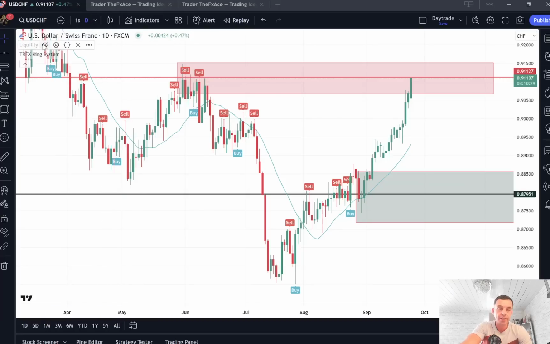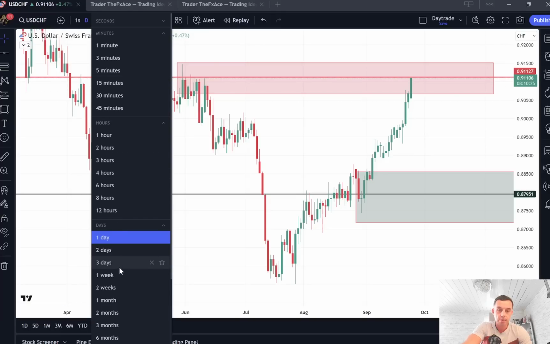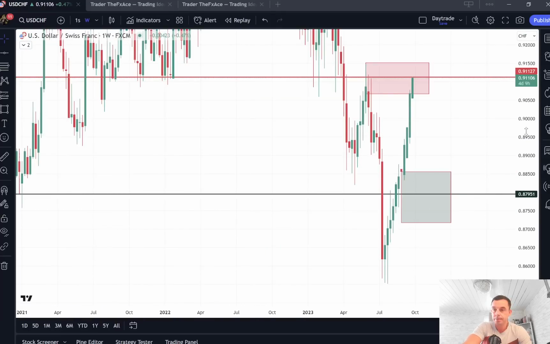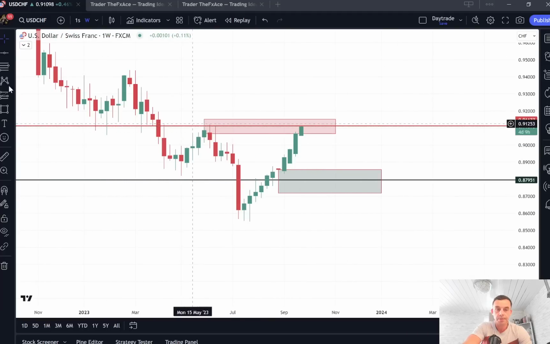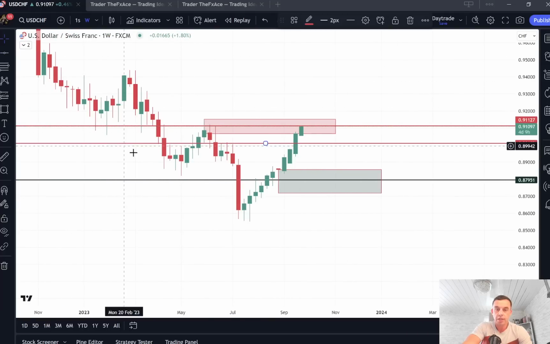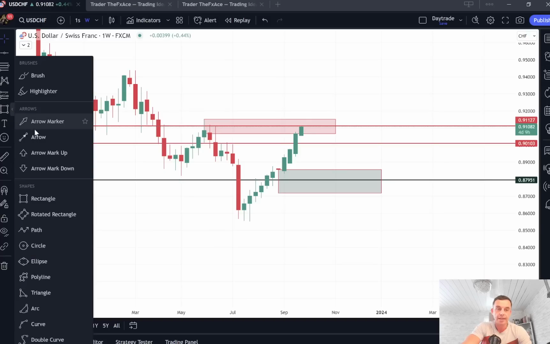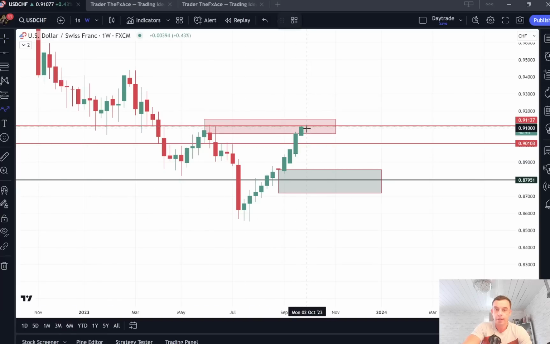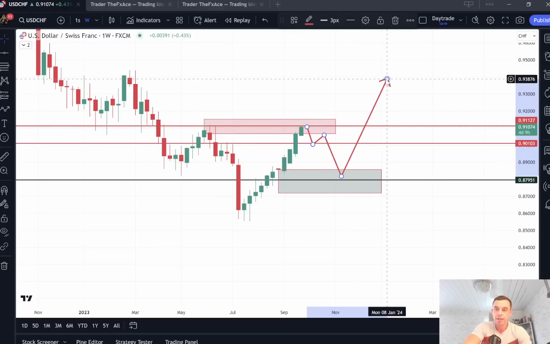Now the target for this is what we should see happen: a short move down, maybe down towards 90. That'd be the first profit target, and then likely a deeper correction down towards 88, and then maybe the stronger move back up.